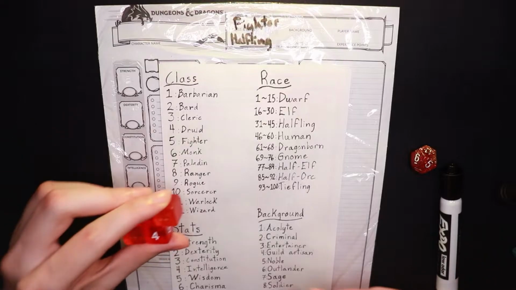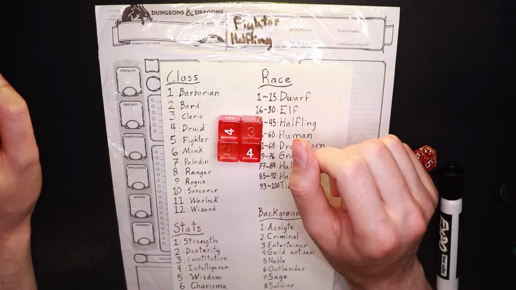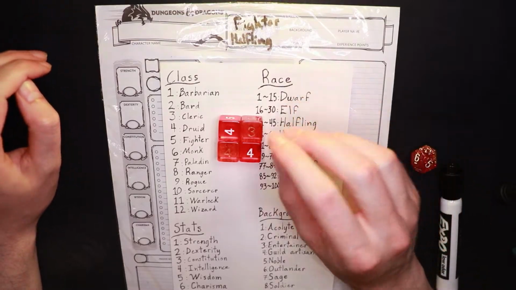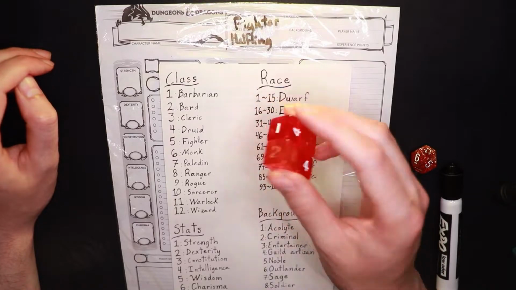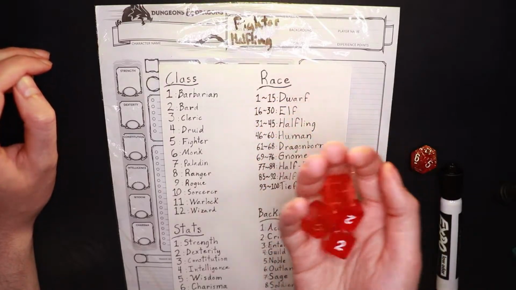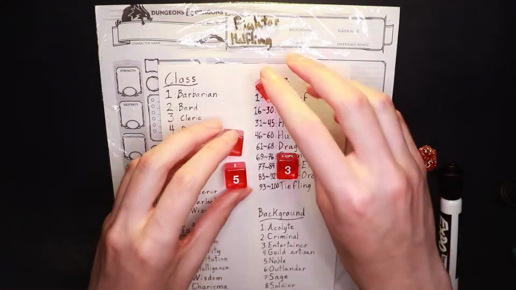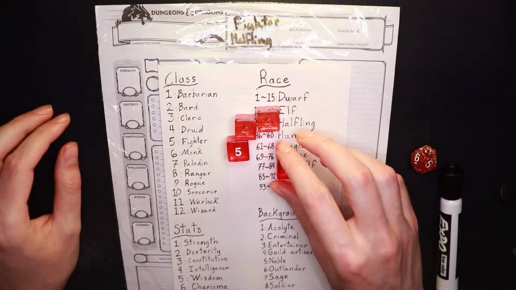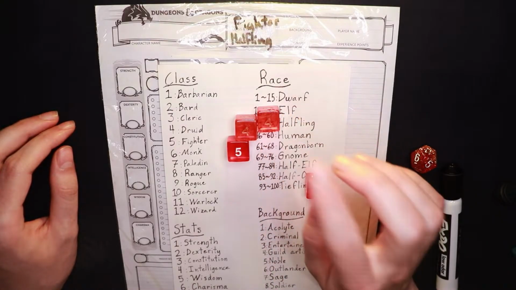For now, let's just roll our 4d6 to roll our stats. So how the 4d6 method works is you roll all 4 dice and then add up the 3 highest numbers you get. So in this case, I would remove the 3 and add up 5, 4, and 4.